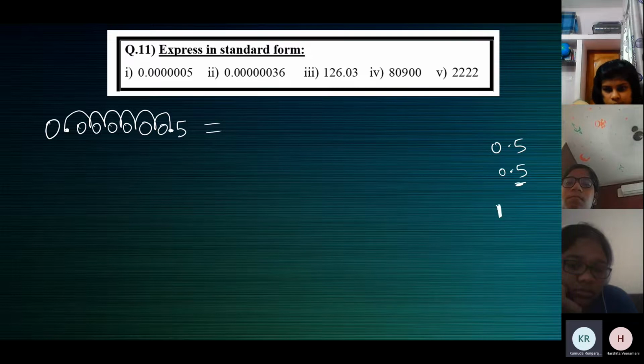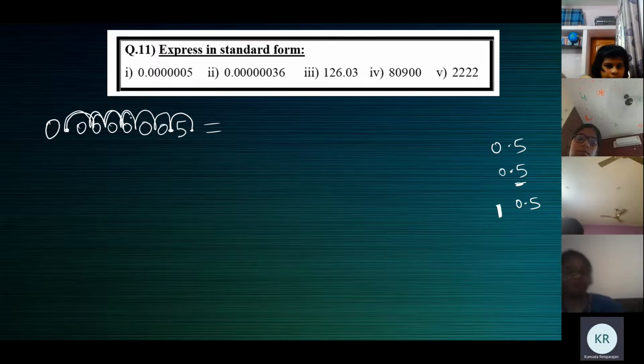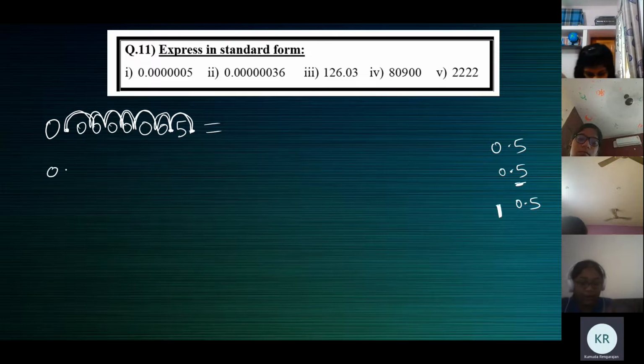The minimum value of k is 1. 0.5 is less than 1. So you cannot stop here. You'll have to bring the decimal point here. Then it will become 5. When you move the decimal point 7 places, the number will become 0, 0, 0, 0, 0, 0, 0, 5, and the decimal point is here.